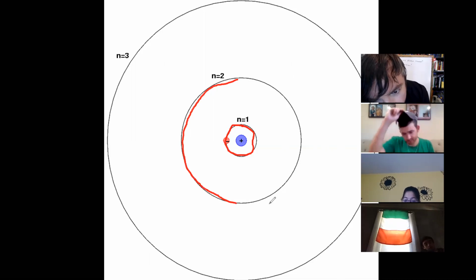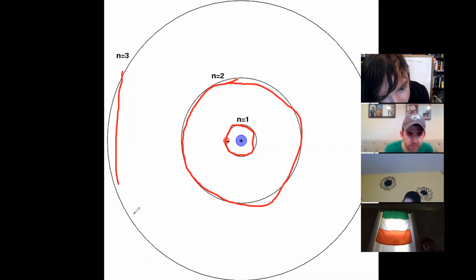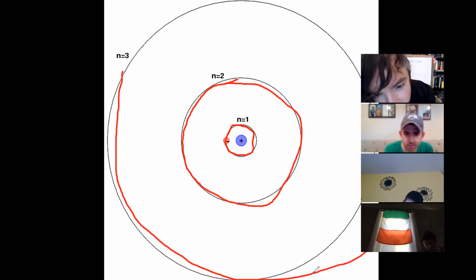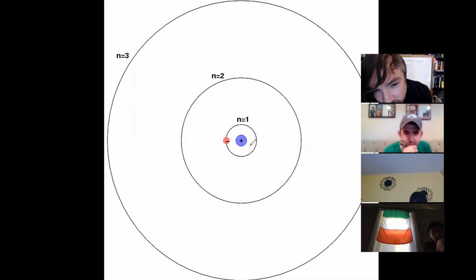It can also orbit here at a second orbit called the first excited state, or at a third orbit, or even a fourth orbit. But there are regions like in here and in here where the electron is not allowed to orbit. That's because the world of atoms is so tiny that you're getting down to the fundamental resolution of space itself.